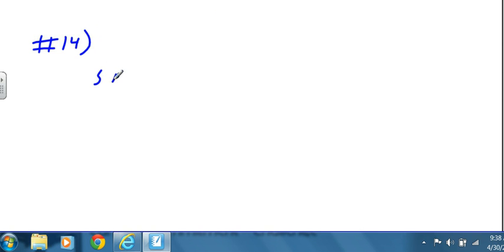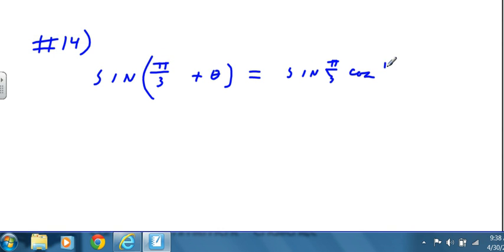Okay, so I have the sine of pi over 3 plus theta. All right, well, I forgot what this guy is already, so I'll turn it over to the other side. It's sine cosine plus cosine sine. So I got sine pi over 3 cosine theta plus cosine pi over 3 sine theta. All right, well, I didn't write down what I'm looking for, so that could be bad news.